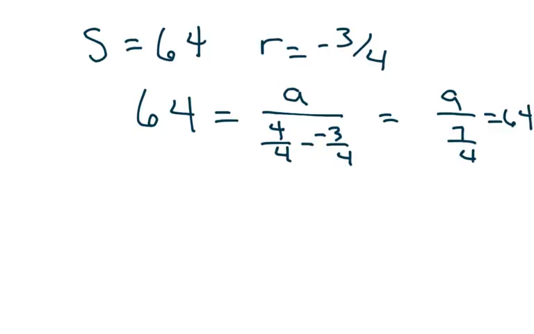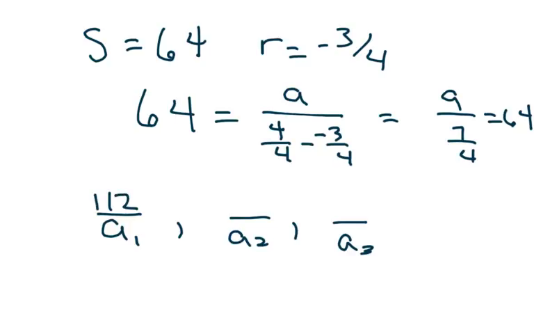You cross multiply and you get a equals 1/12, and we want the first 3 terms. The first term is 1/12, and then you're just multiplying by -3/4. You're going to get -84 and then 63.